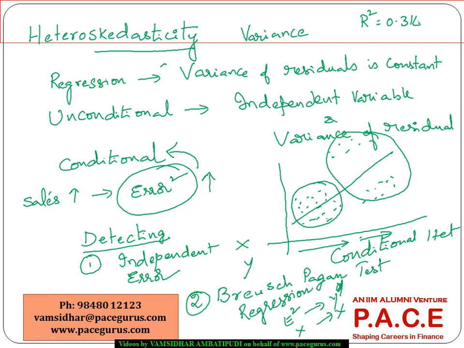What the Bruch-Pagan test says is, you test it as a chi-square test, wherein the chi-square value is nothing but n times the r squared. The r squared which came through this kind of regression. N is the sample size which you have used.